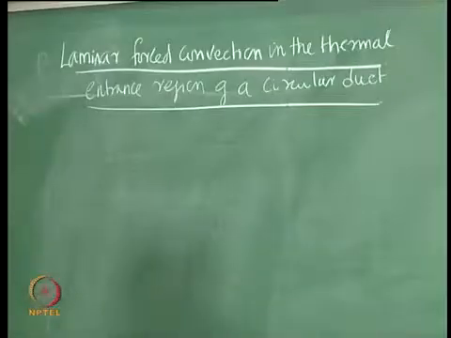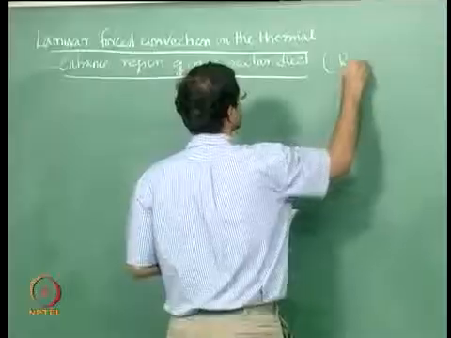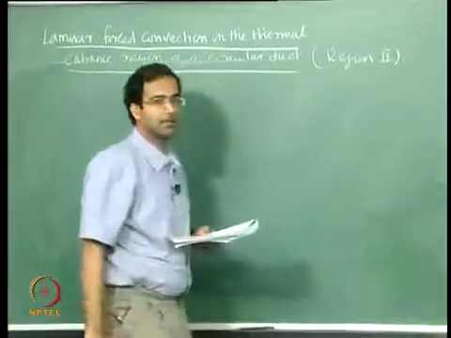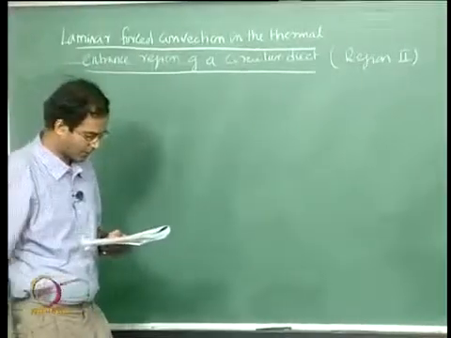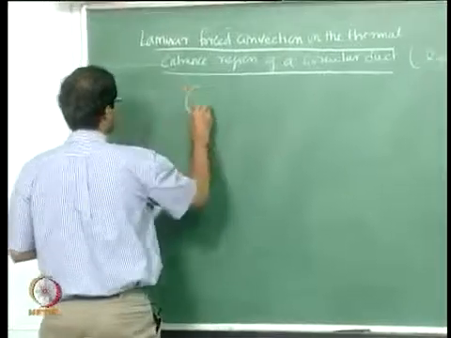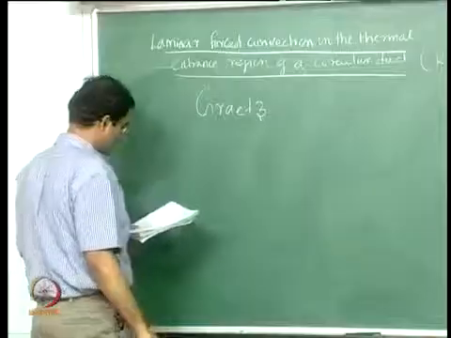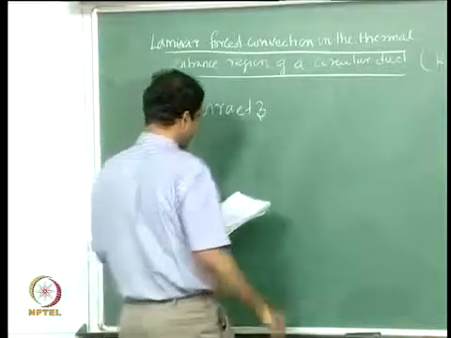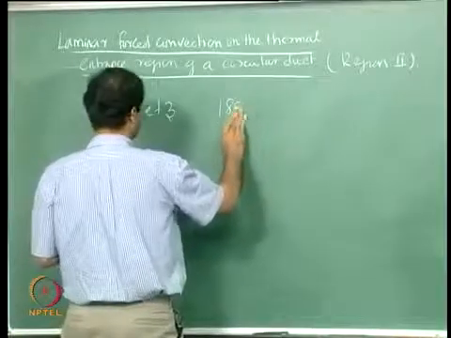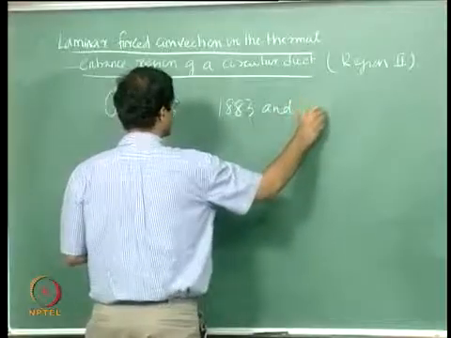Okay, so we move on to the thermal entry length region, or region 2, as I denoted it, where you are hydrodynamically fully developed but thermally it is not developed yet. For this case the first solutions were given by Graetz. He did the first solutions for region 2 as early as 1883 and 1885, okay.